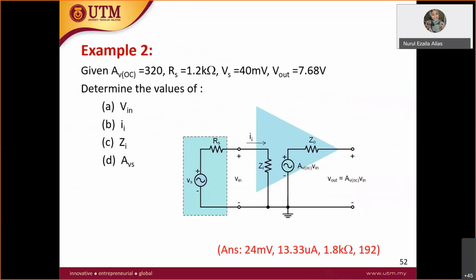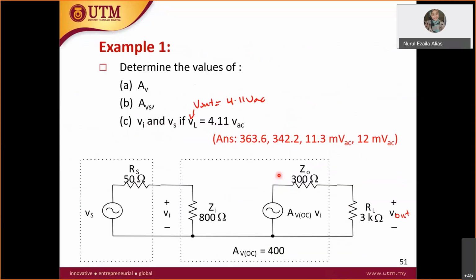Given that, what is the difference between this amplifier model and this amplifier model? In the previous question, the amplifier model had RL here. Therefore, when you want to find your V out, you use the concept of the voltage divider rule.